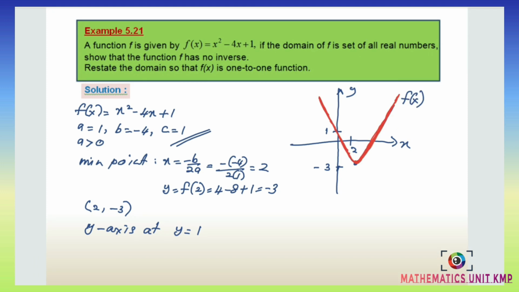To prove that the function is not a one-to-one function, we can draw one horizontal line, y equals k, where k is any value. Therefore, the graph intersects y equals k at 2 points, at x equals x1 and x2.